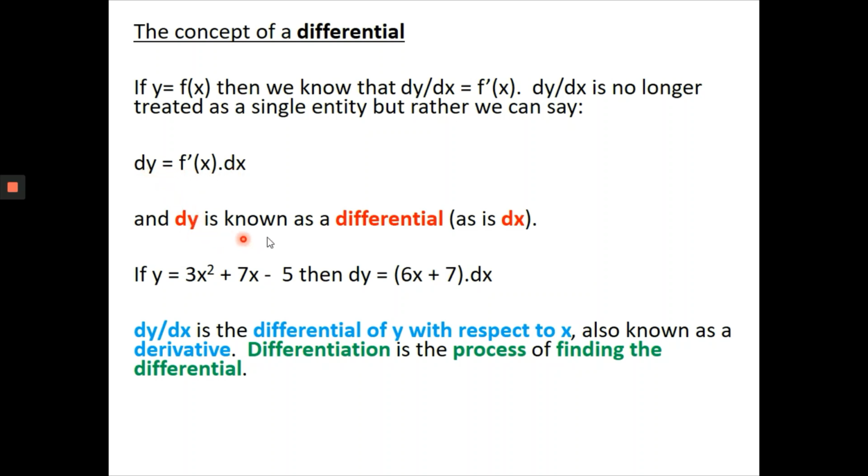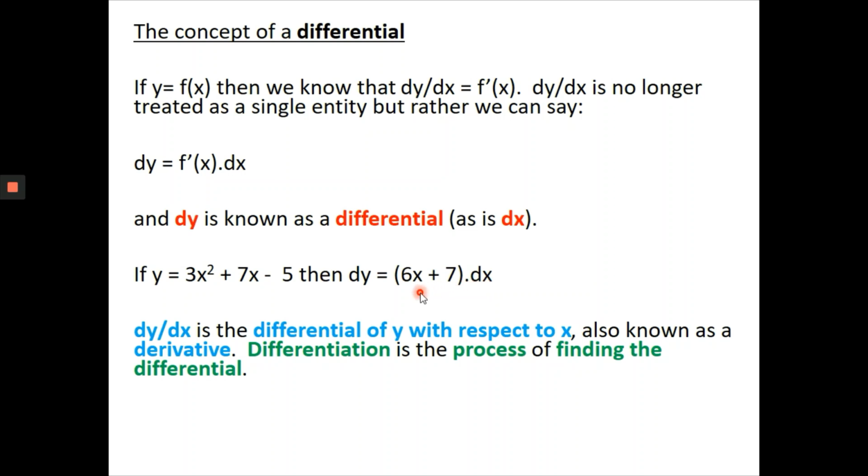And dy is known as a differential, as is dx. So if we are given a function like that, and we are asked to calculate the differential dy, following what we have written up here, we can see that in order to get this differential, we have to differentiate with respect to x, and we have that there, times dx.